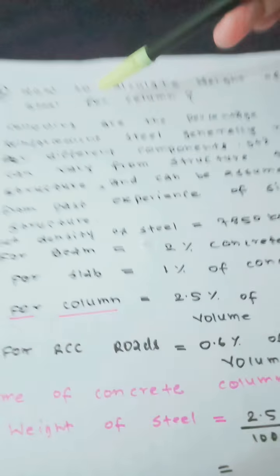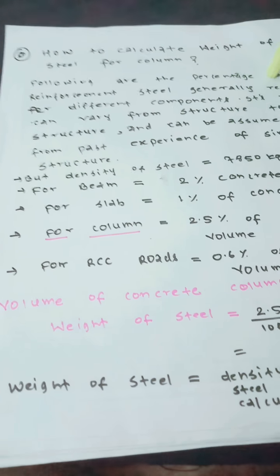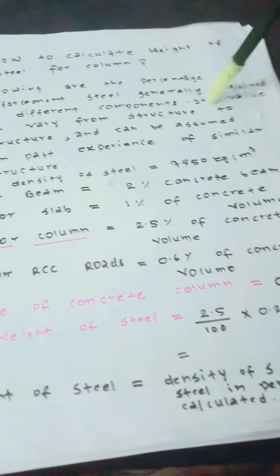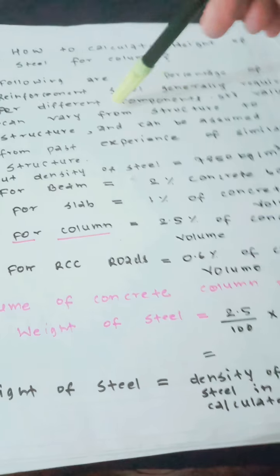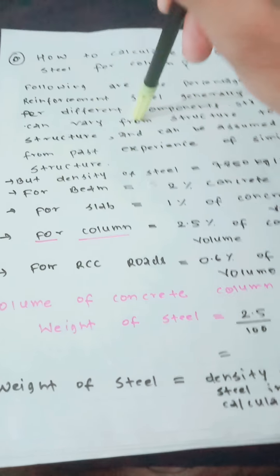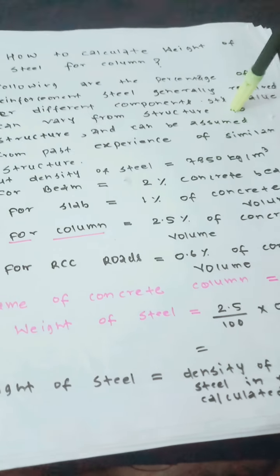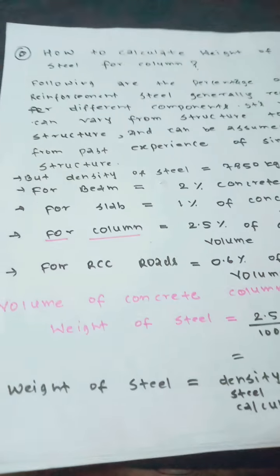Here is the question. Following are the percentages of the reinforcement steel generally required for different components. Its value can vary from structure to structure. Vary means different. It depends on how the house is made.